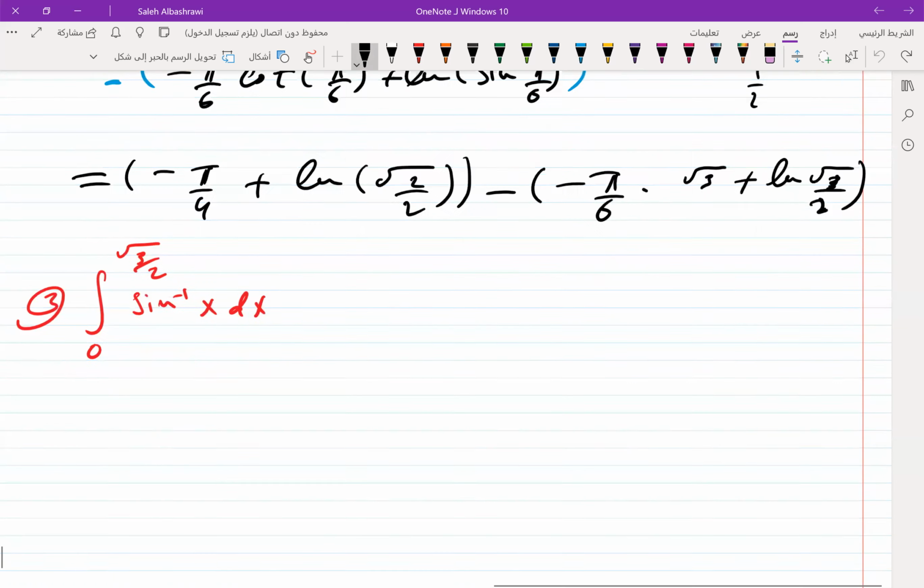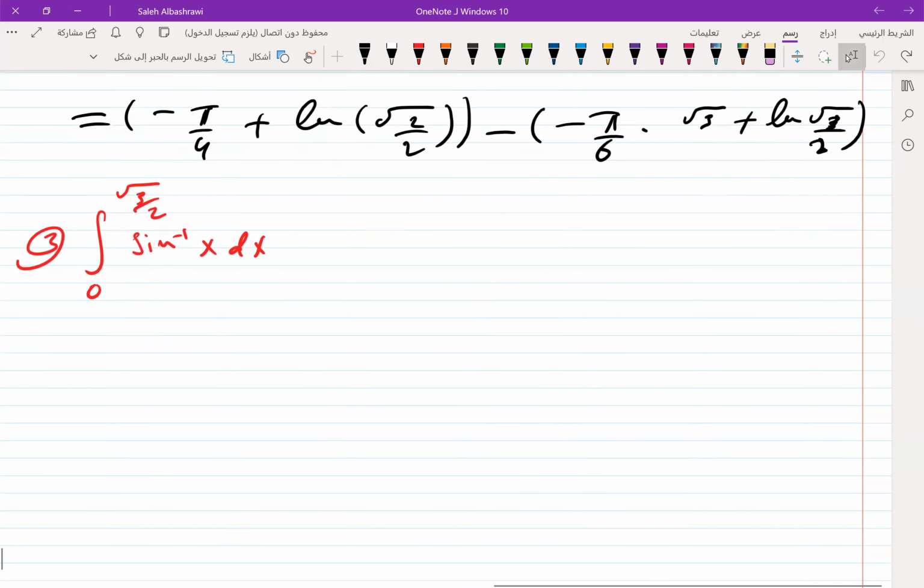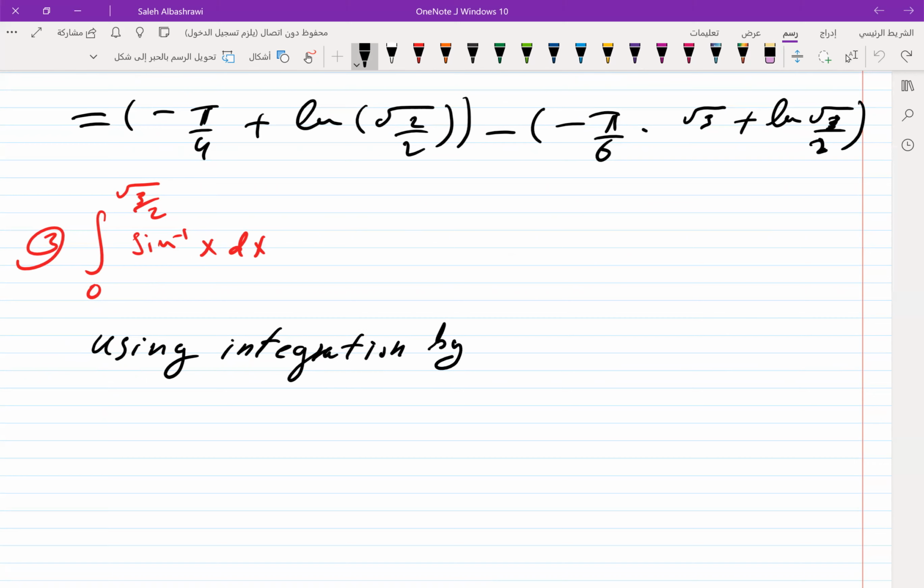This can be done using integration by parts. Let u equal to sine inverse x and dv equal to 1 dx.